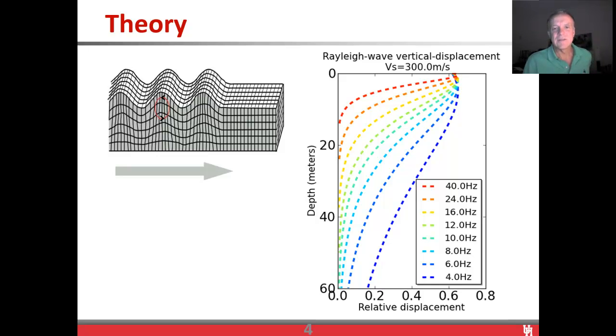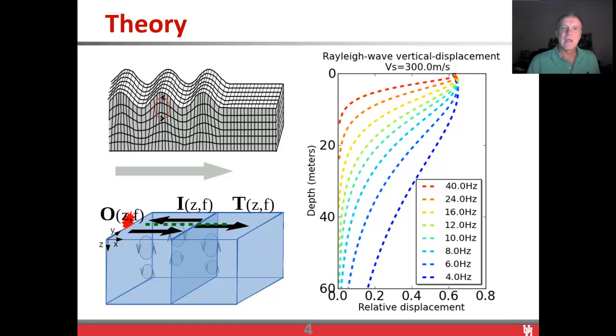There are certain sensitivities as seen in the graph, that as depth increases, we have lessening displacement. Low frequencies are still sensing deeper areas, and high frequencies are seeing the near surface. We've been using that for many years, and there are great packages and great papers on how to extract dispersion curves and shear wave velocities from them.